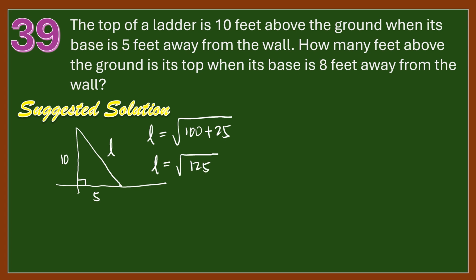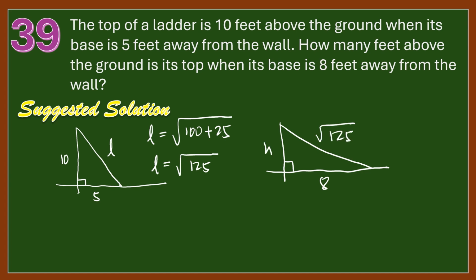Then we're looking for the height that the ladder reaches when its base is 8 feet away from the wall. So we have scenario 2. The foot of the ladder is 8 feet away from the wall, and the ladder, as we know, is square root of 125.